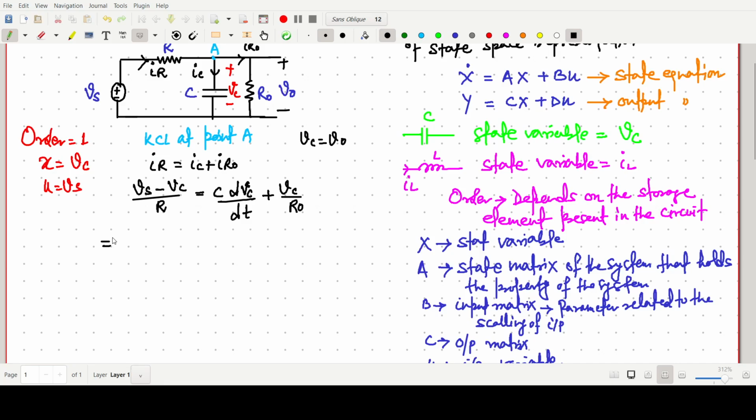So now what we can write: C dVc by dt. Suppose we are putting it on the left hand side.